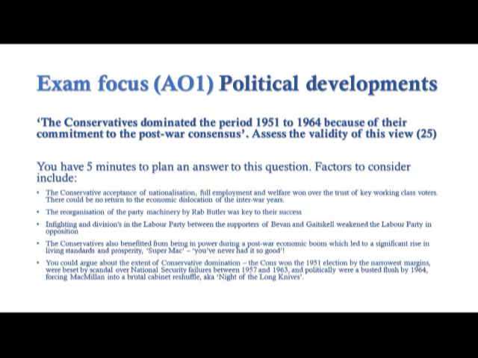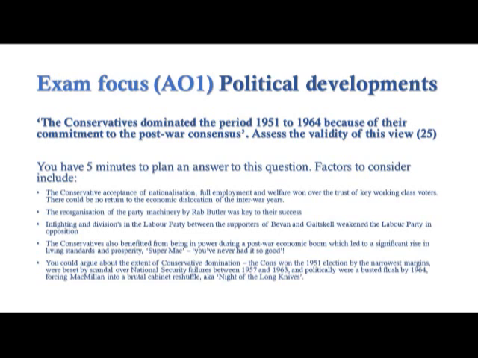Nationalisations of the core industries, iron, steel, telecommunications, rail, would be brought under state ownership so that they're more efficient. A commitment to full employment, a commitment to social welfare, so a cradle to the grave welfare system, including unemployment insurance and sickness insurance for all, and the creation of a National Health Service, free healthcare for everyone.